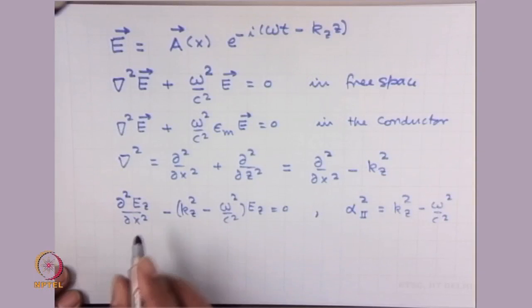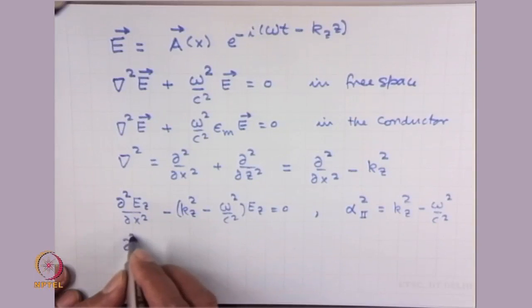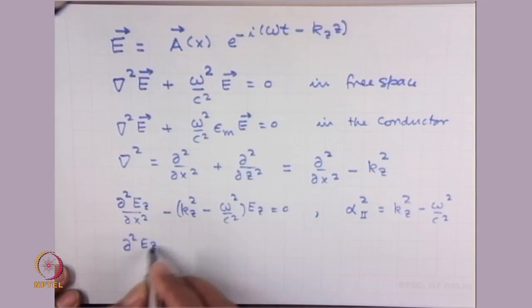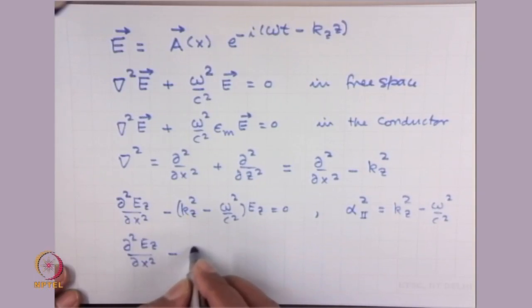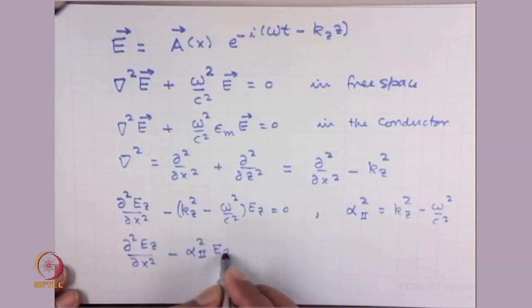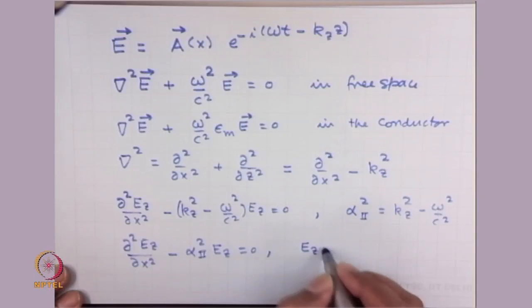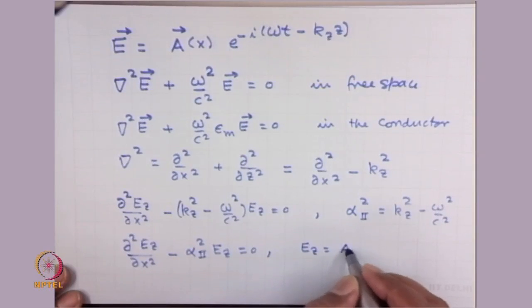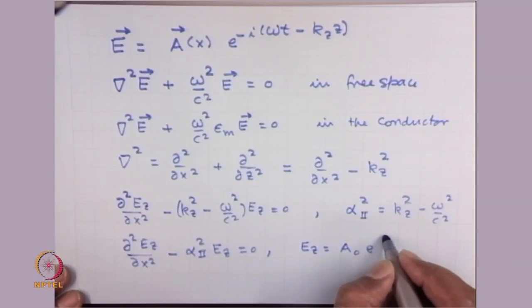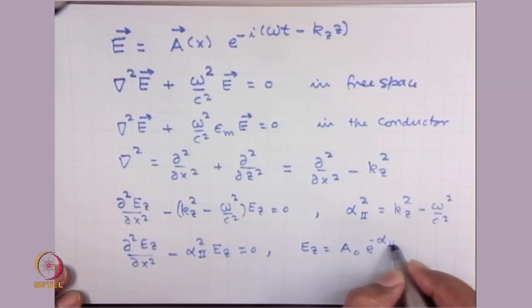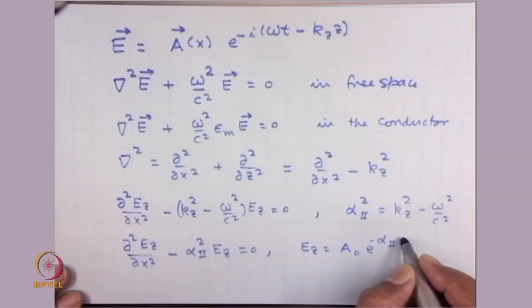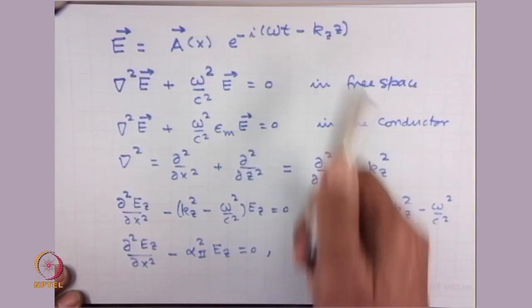Then this equation can be written as d2 Ez by dx square minus alpha 2 square Ez is equal to 0, and the solution I can write down as Ez is equal to some constant, say A0, exponential of minus alpha 2 x, and this dependence is explicit.